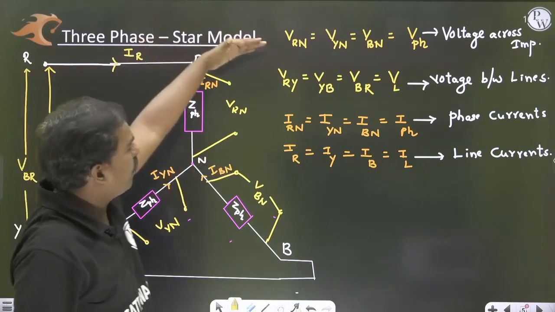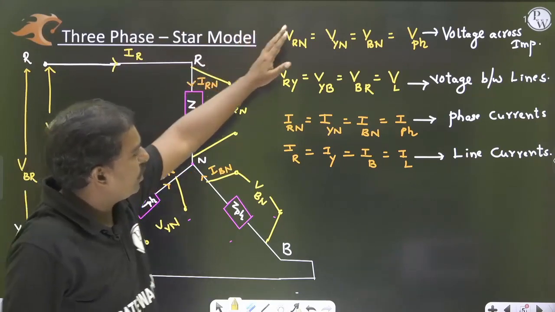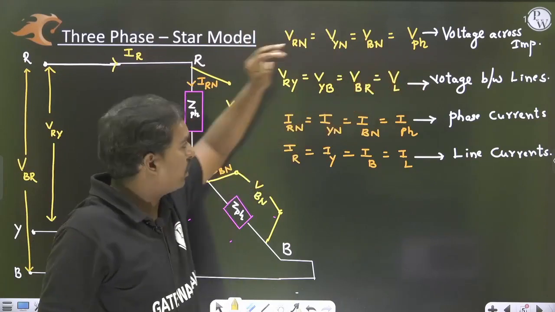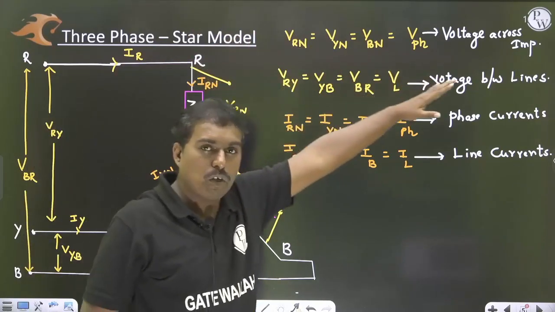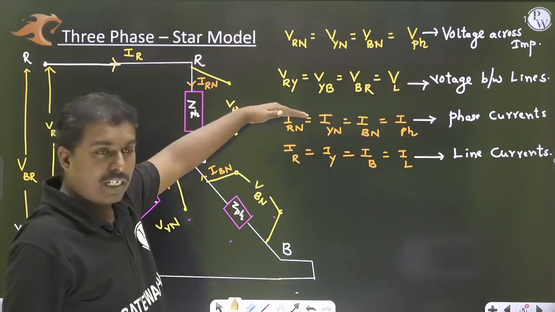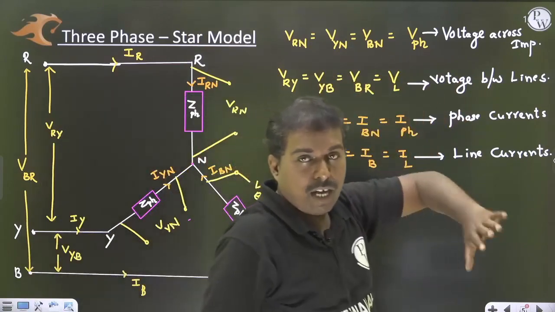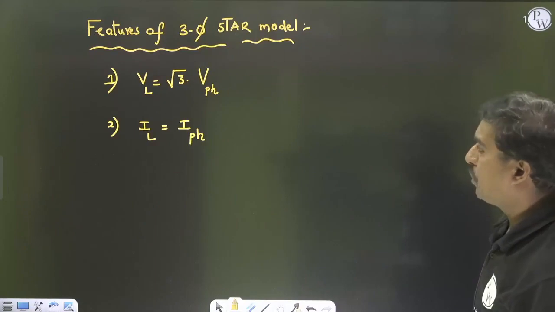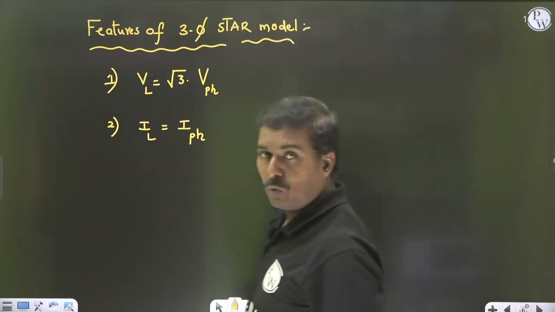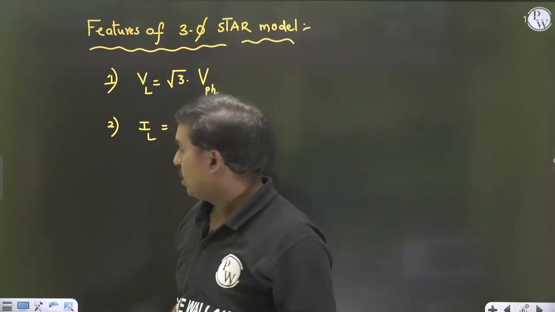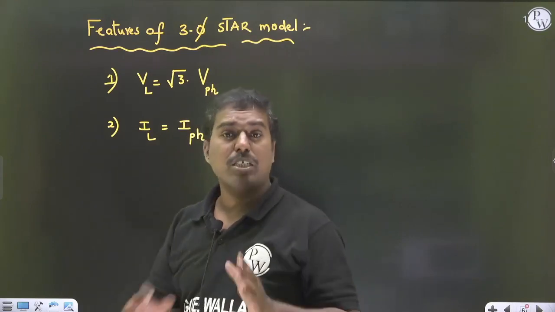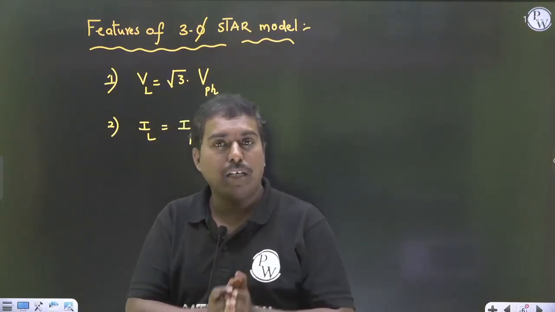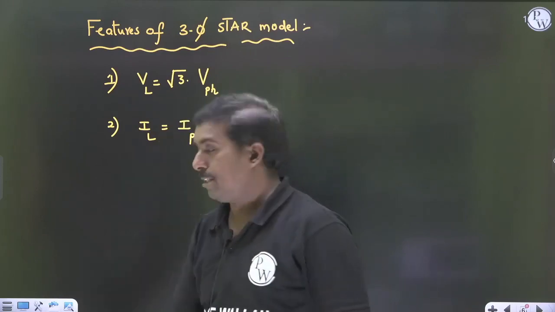VRN and so on are the phase voltages, and these are the line voltages. From network theory, the line voltage is √3 times VPH, and IL is equal to IPH. In the star model, line current is equal to the phase current.